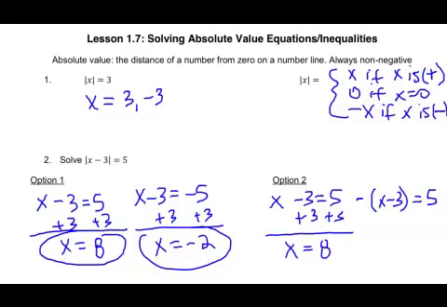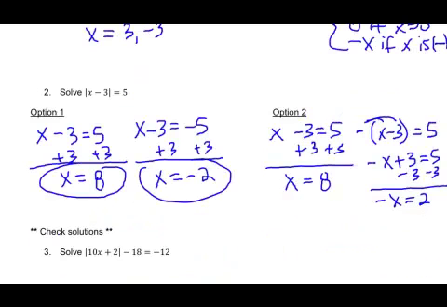To solve this other equation, we first want to distribute our negatives. So we have negative x plus 3 equals 5. We're going to subtract 3 from both sides, so negative x equals 2. And to get a positive x, 2 has to be negative. So again, x equals negative 2 or x equals 8.